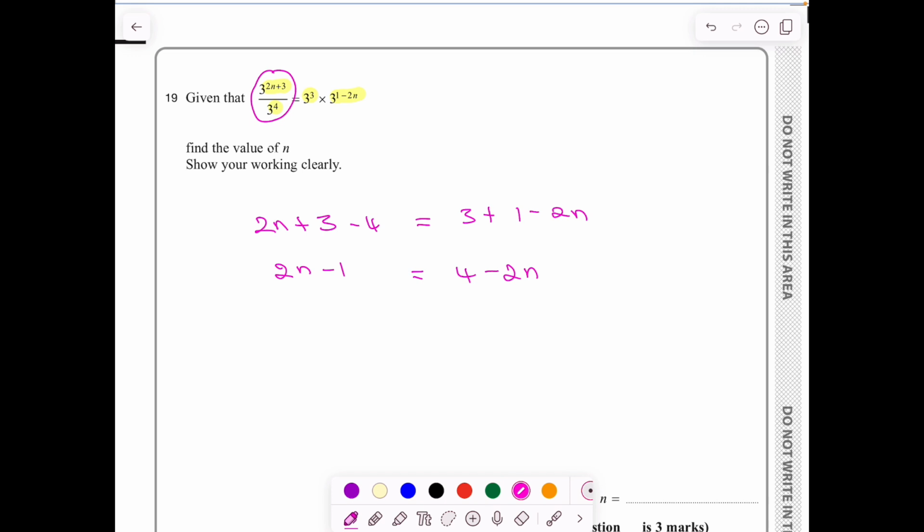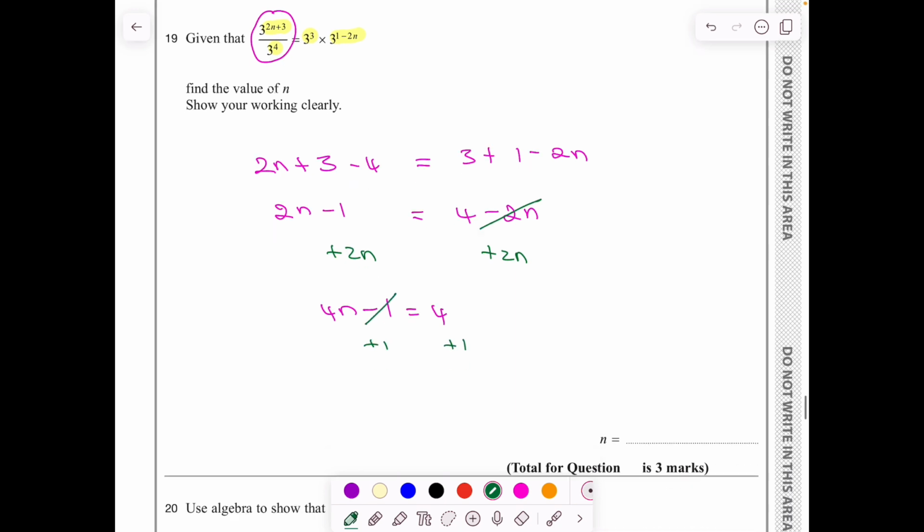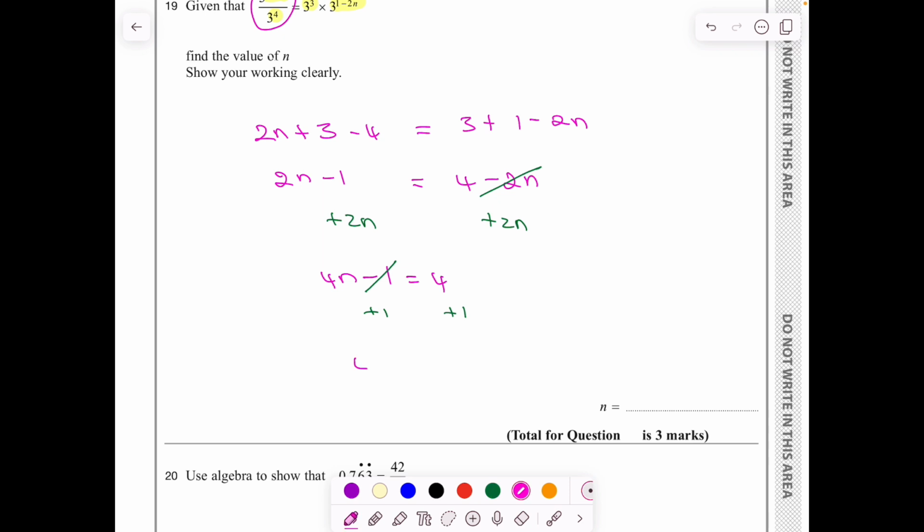I am going to add 2n to both sides to get rid of the minus 2n here. And I end up with 4n, take away 1 equals 4. Then I'm going to add 1 to both sides to get rid of the minus 1 here. And that gives me 4n equals 5.